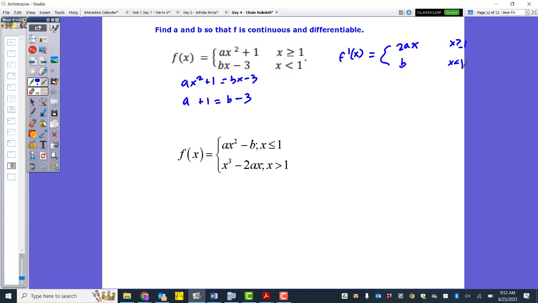So now we can set these equal to each other and create a second equation. 2ax equals b, and 2a times 1 is 2a equals b. And now we can solve for the other variable, whether you use the elimination method or whether you substitute it in. Very similar thing happens with the second one here, but I can let y'all solve those on your own.